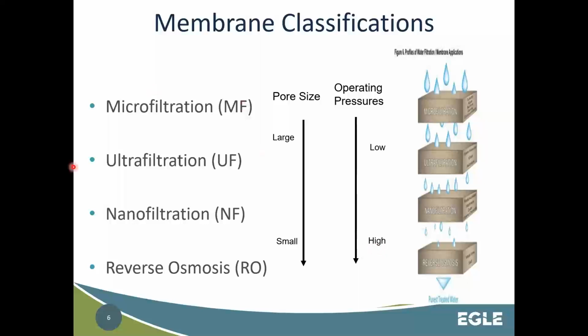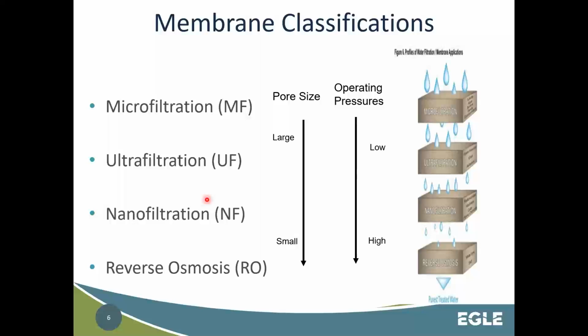Also mention these top two, micro and ultra, those are used primarily for surface water treatment, whereas nano and reverse osmosis are more commonly used for removal of organics and dissolved materials like hardness, nitrate, metals, PFAS, that type of thing. And then also these tend to have reject water.